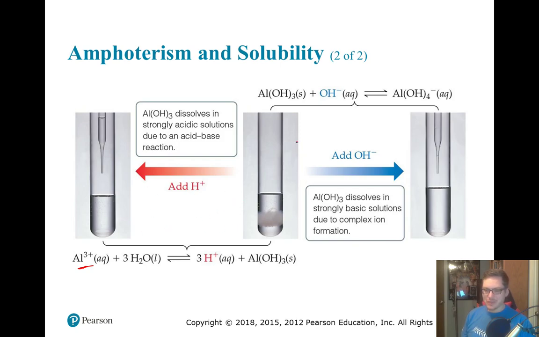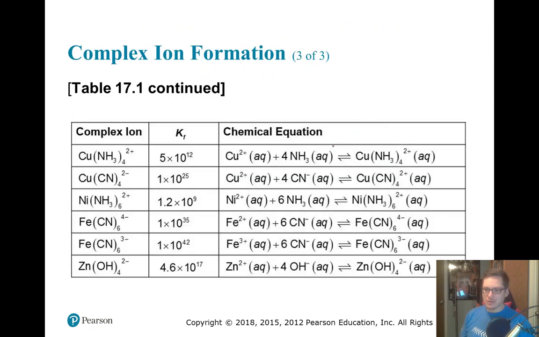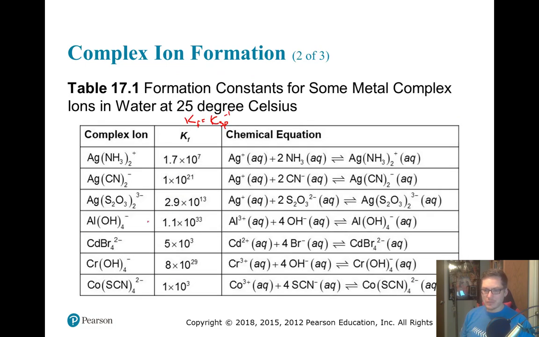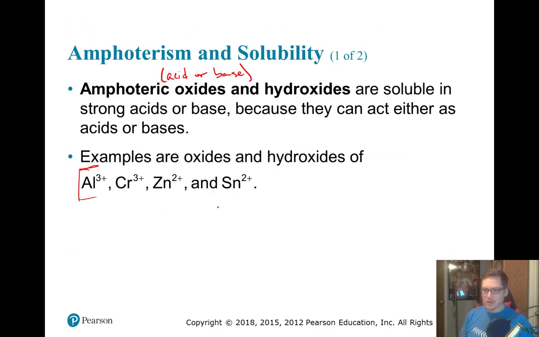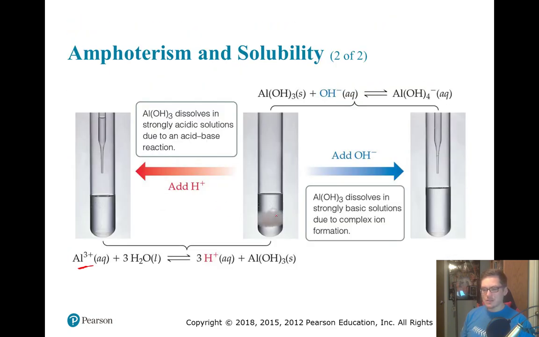It's just solution. And the opposite can happen as well. So now we've got aluminum hydroxide going with these hydroxides, and this will actually form that complex aluminum hydroxide ion that we looked at on this table right here. This guy right here, 1.1 times 10 to the 33rd. That's really high. And so again, this aluminum hydroxide will react with this excess base that's in there, and it'll form this complex ion. And look, it's all disappeared again.